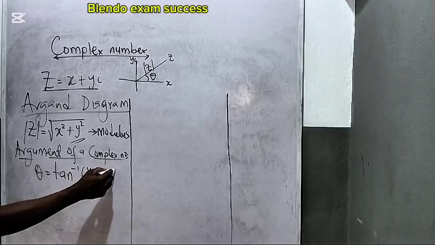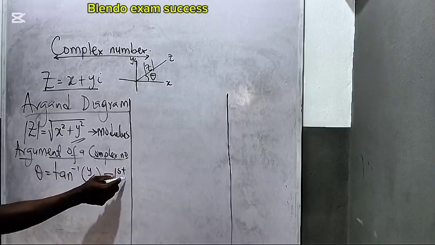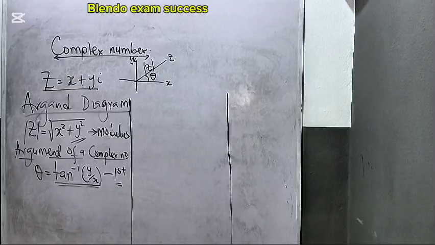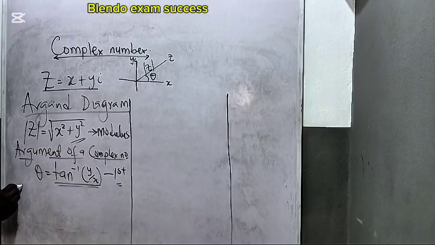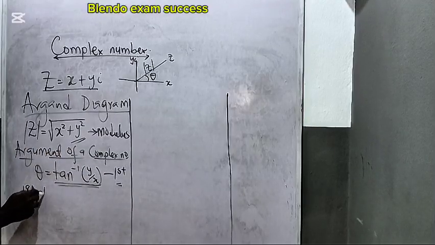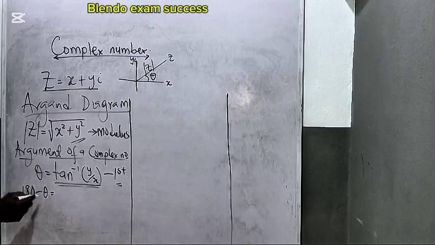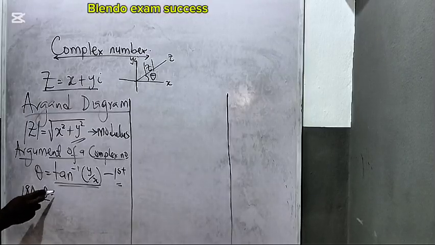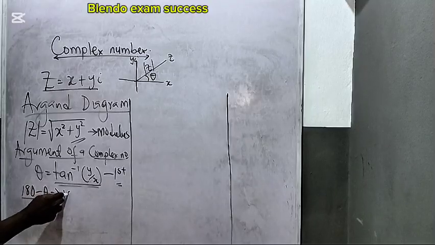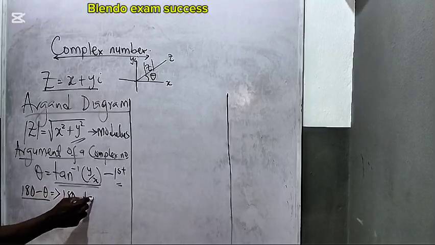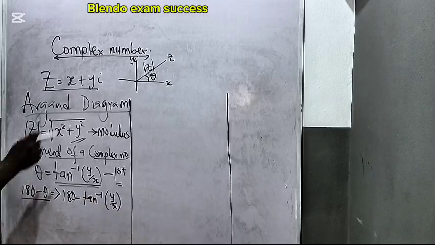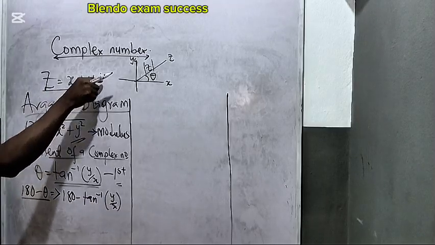So when you are in the first quadrant, you regard this as the argument. But the moment you move to the second quadrant, remember, we have it as 180 minus theta. So for the second quadrant, it's 180 minus theta, which is the same as 180 minus tan inverse of y over x. Remember, your question will always come in this form, x plus yi.